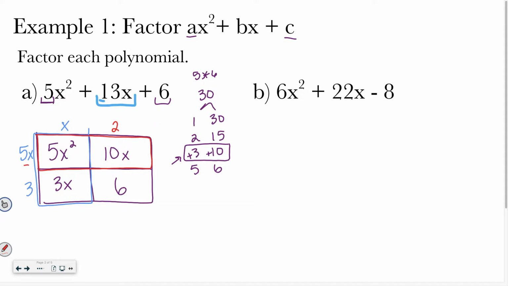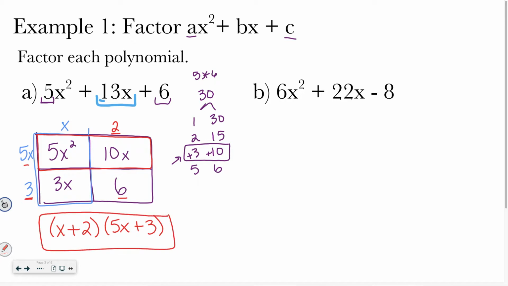So if I took 5x out, I'm left with 2. And then just to check, is 2 times 3, so are those two positions, does that match my last box? So 2 times 3, is that 6? Yes. So I know that I have x, and then I had a positive 2, and I had 5x and a positive 3, and that is my answer.